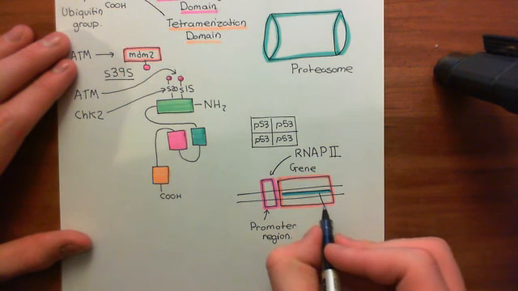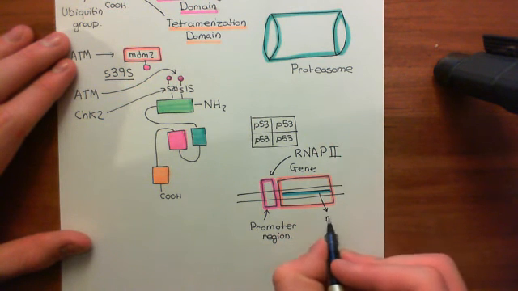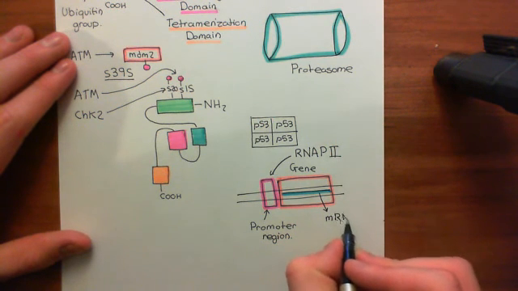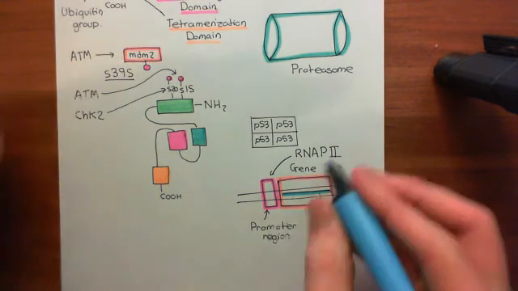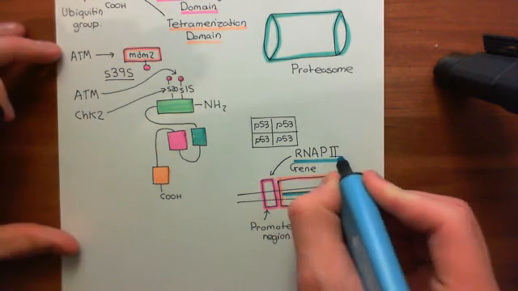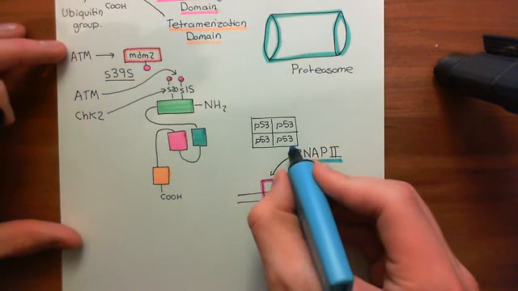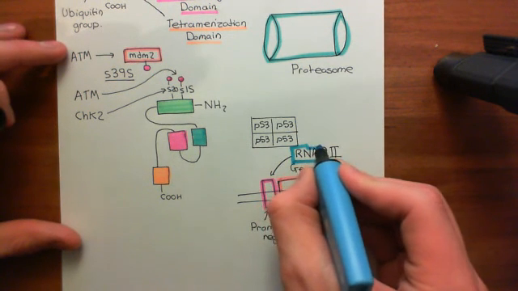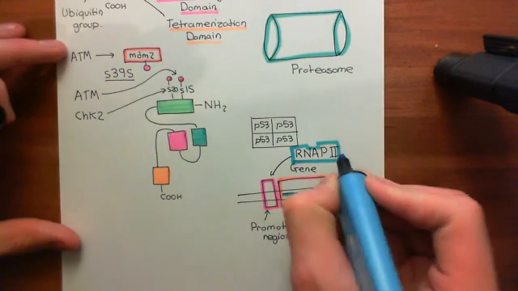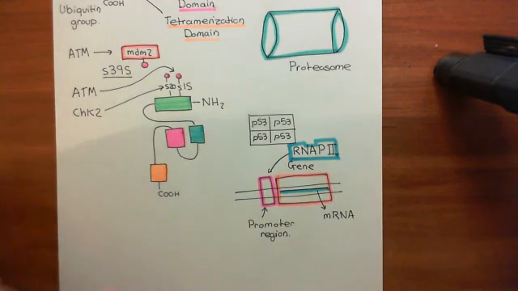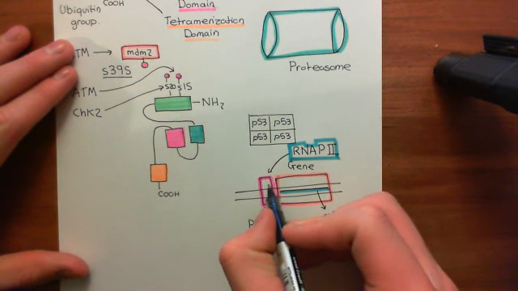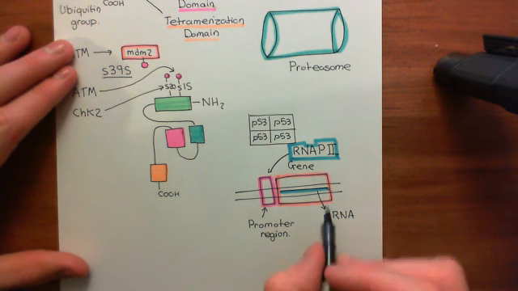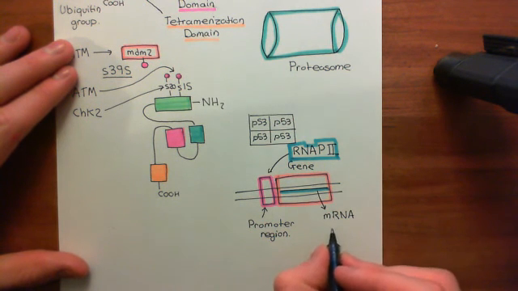So, if the promoter region has an extremely high affinity for binding to RNA polymerase 2, then RNA polymerase 2 will be binding there all the time, okay? And this means that you're going to get a huge amount of mRNA being produced that corresponds to this gene. So if RNA polymerase 2 binds there all the time, loads of mRNA is going to be produced, and that means you're going to get loads of protein.